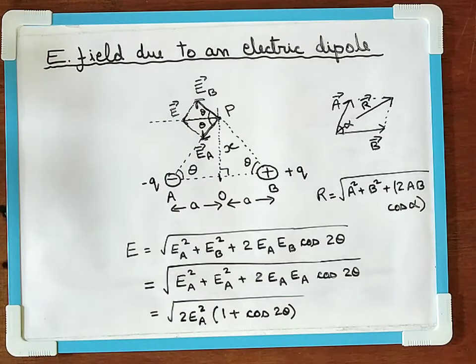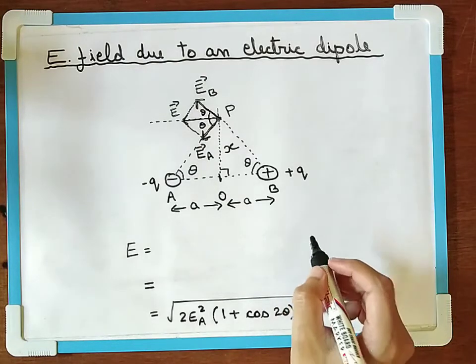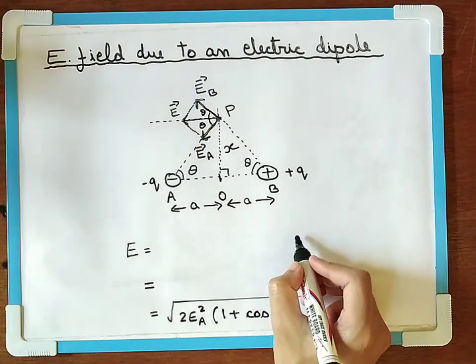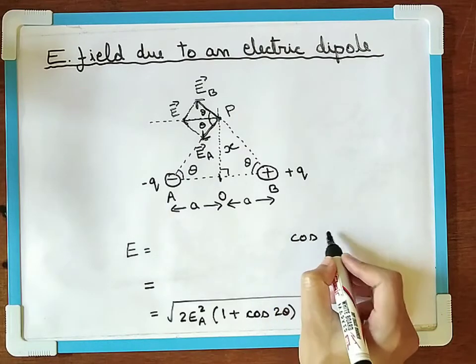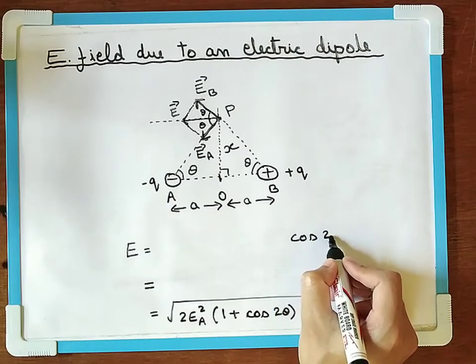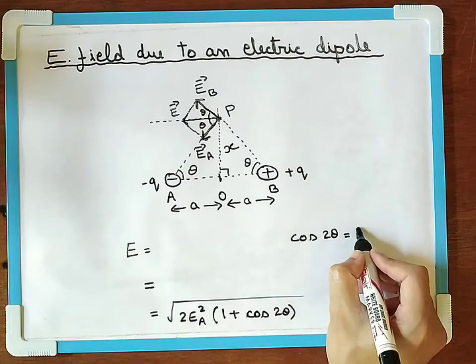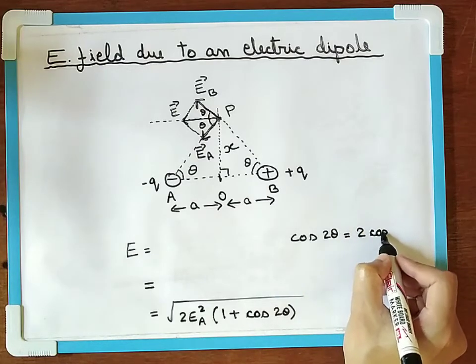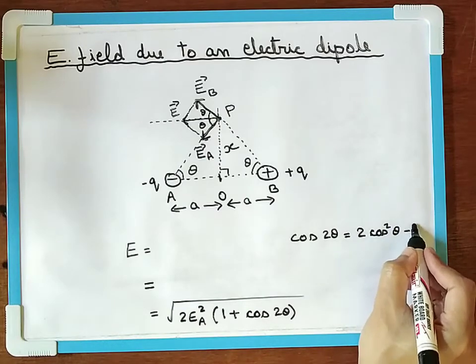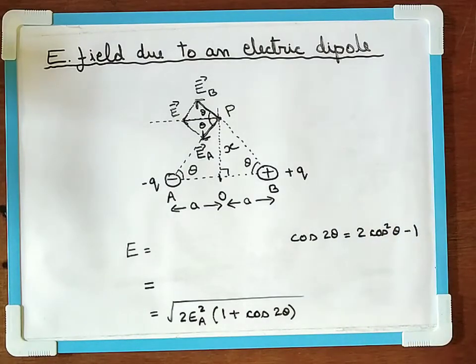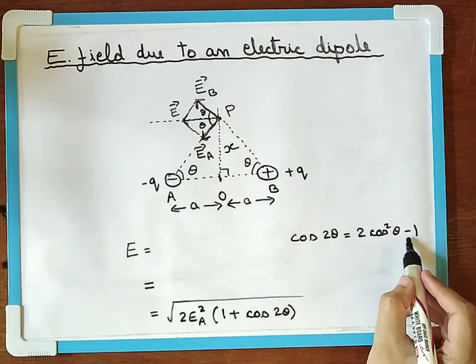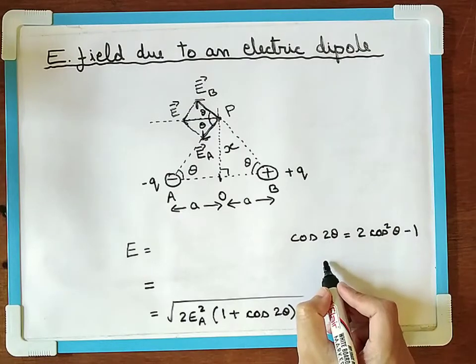Now we'll have to use the trigonometric expression for this cos 2 theta. If we recall from the mathematical formula, cos 2 theta is equal to 2 cos square theta minus 1. Now we'll bring this minus 1 to the other side, it will become plus.